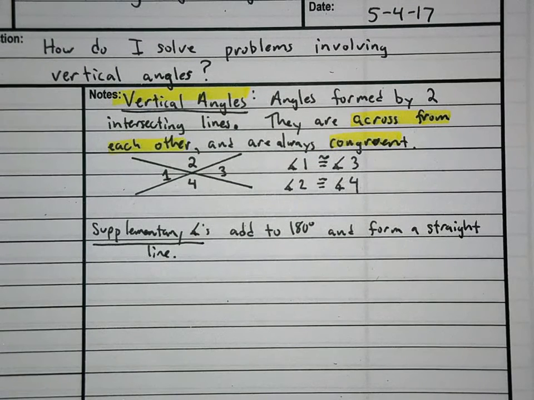So when I'm looking at this picture, supplementary angles add to 180 degrees and form a straight line.